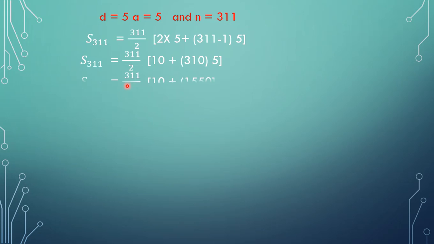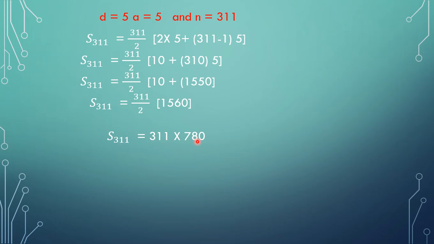Then 310 multiplied by 5 is 1550, and 1550 plus 10 becomes 1560, multiplied by 311 upon 2. Now 1560 divided by 2 gives 780. So the sum of 311 terms is equal to 311 into 780.